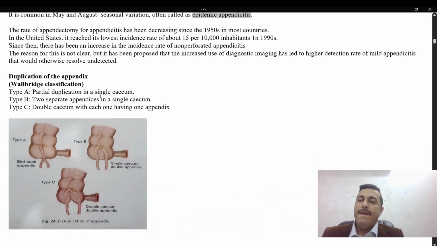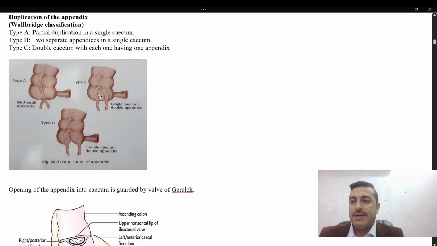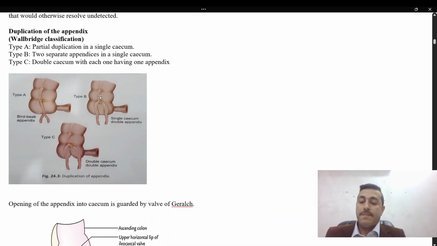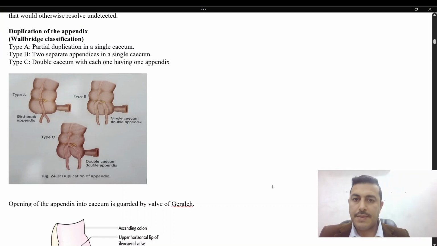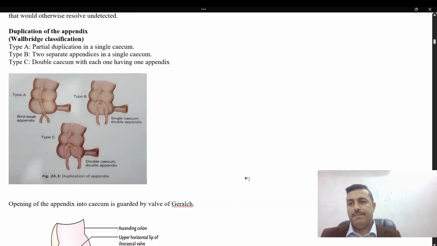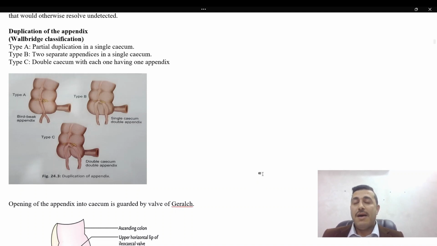Okay, duplication of the appendix. Yes, the appendix can be duplicated. We can have two appendixes in one person. Do we have an entity called absent appendix? Yes, agenesis of the appendix is extremely rare.